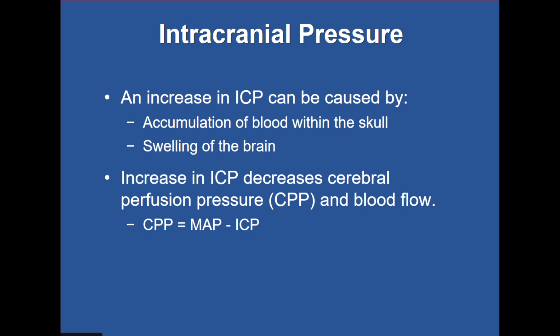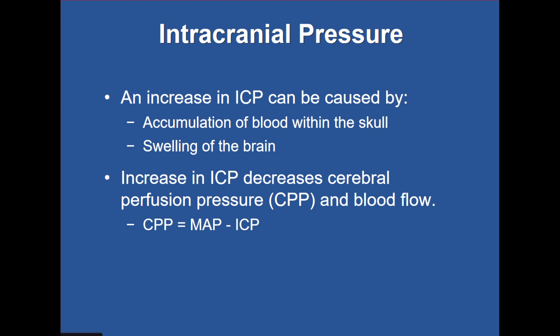Now, if your typical MAP is 85, and your typical ICP is 5, then that's going to give you a cerebral perfusion pressure of 85 minus 5, or 80. And that's right there in the ballpark. Our typical CPPs are 70 to 90 millimeters of mercury.